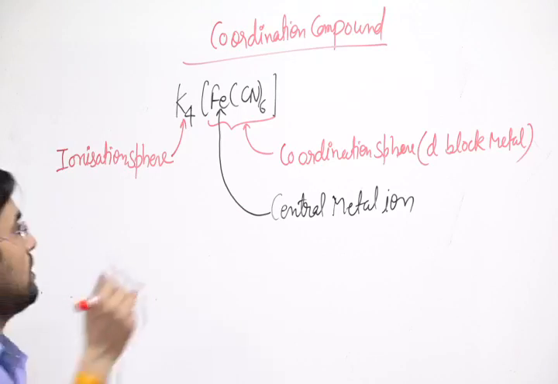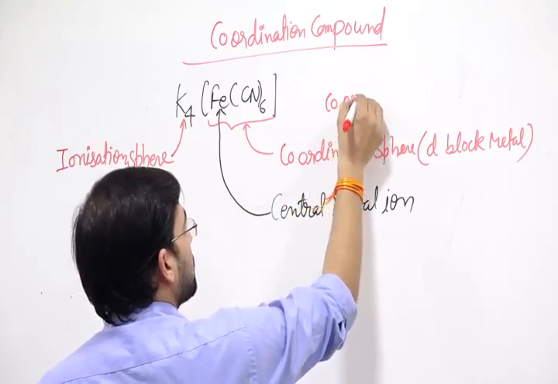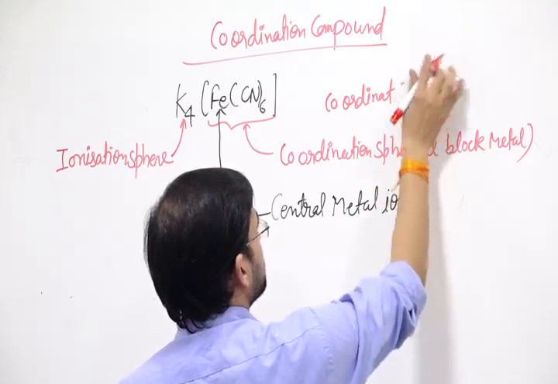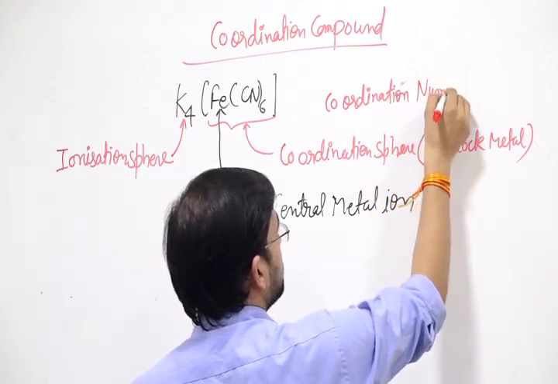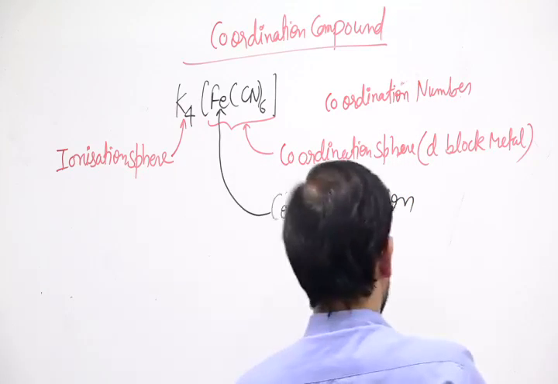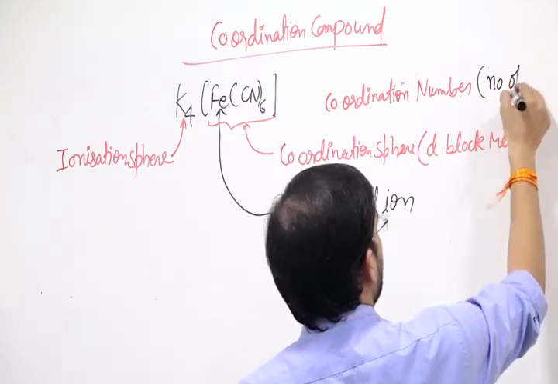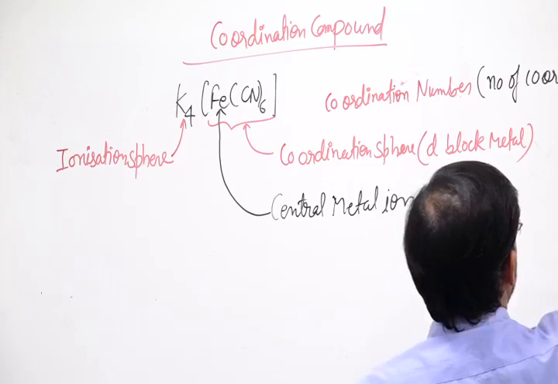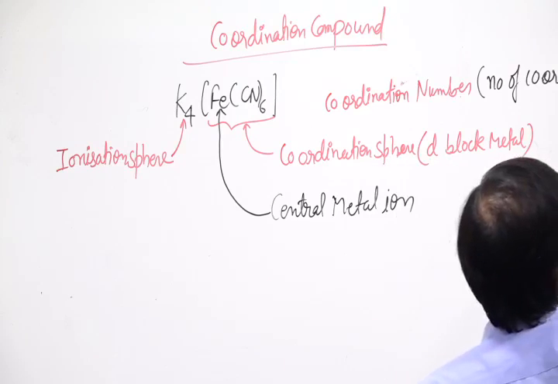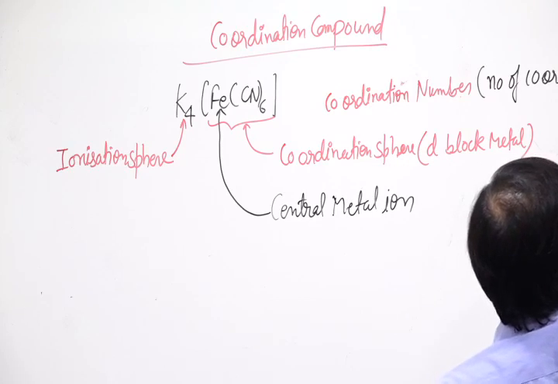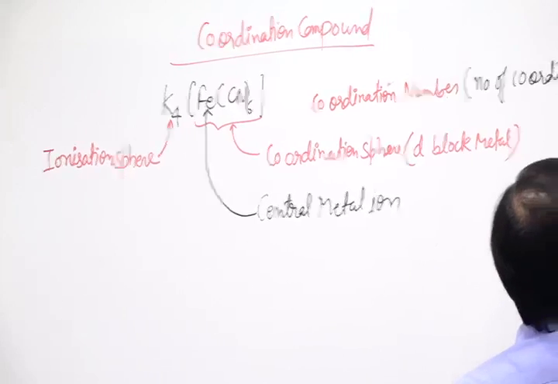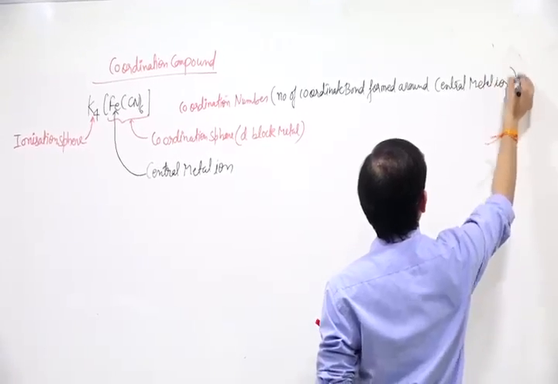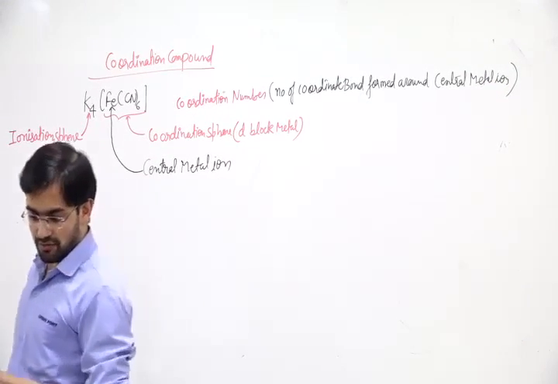The next thing is the coordination number, which equals the number of coordinate bonds formed around the central metal ion.